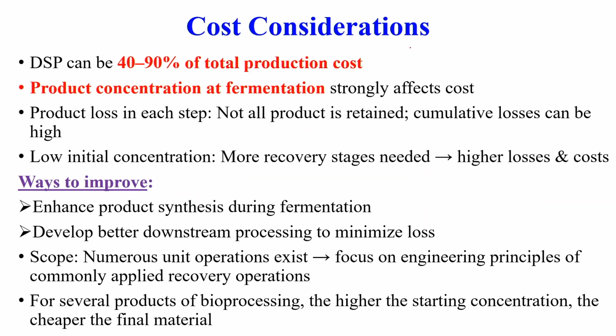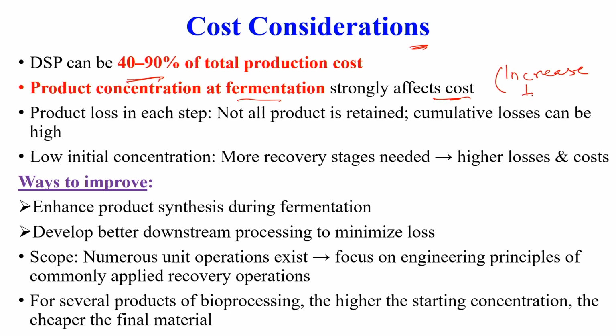Now, this is the economic consideration, because as I told initially, downstream processing keeps on adding cost. You can see the total contribution of downstream processing can be 40 to 90% of the total production cost. The product concentration from fermentation strongly affects the cost, so the objective should be to increase the titer.